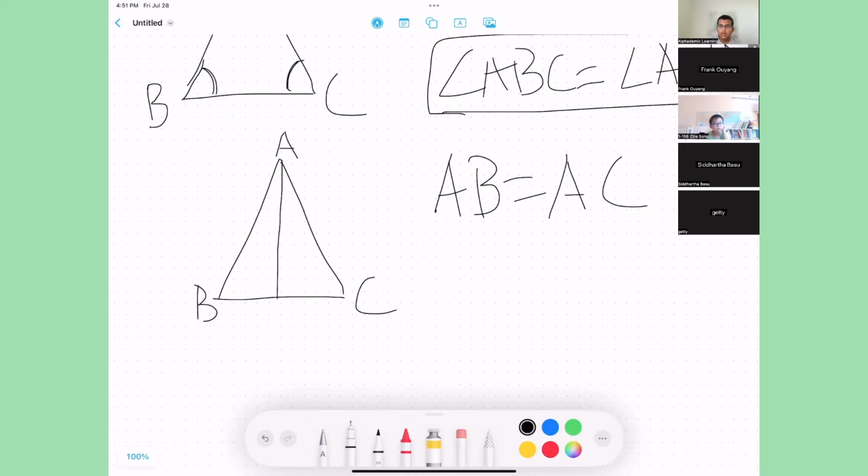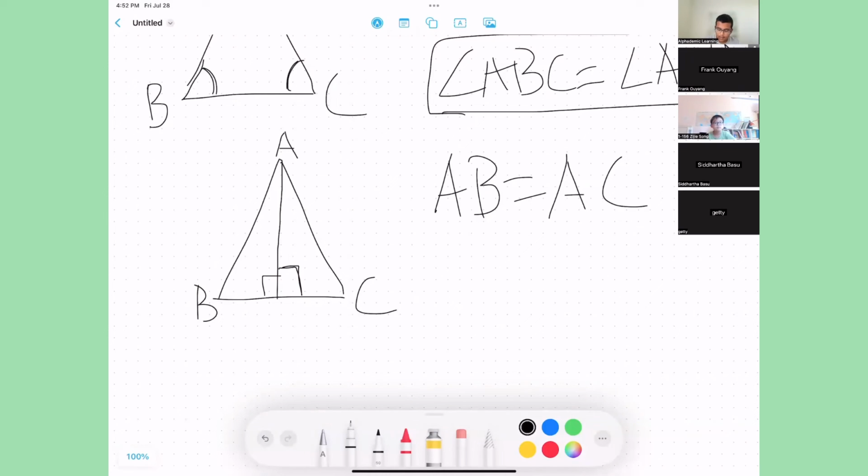What does dropping a perpendicular mean? It's a right angle. Yeah, that's right. So as ZG mentioned, these two are right angles.